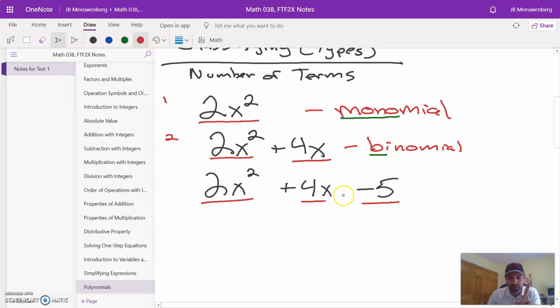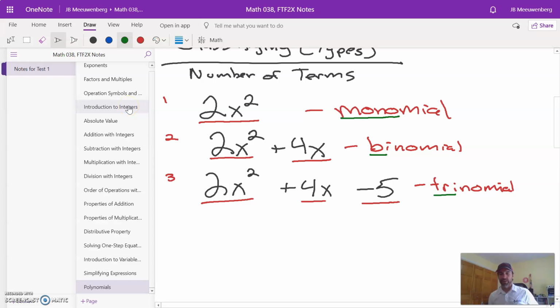Remember, we can put a plus sign with the negative there. So the last constant term is a negative 5. But there are three separate terms, and that is a, you guessed it, trinomial. Yes, tri with the prefix meaning three. So these are all types of polynomials.